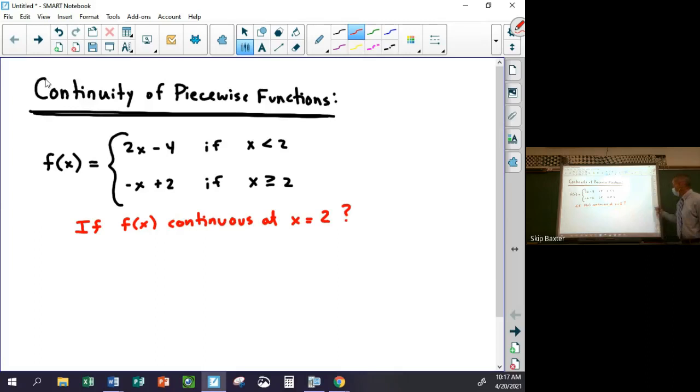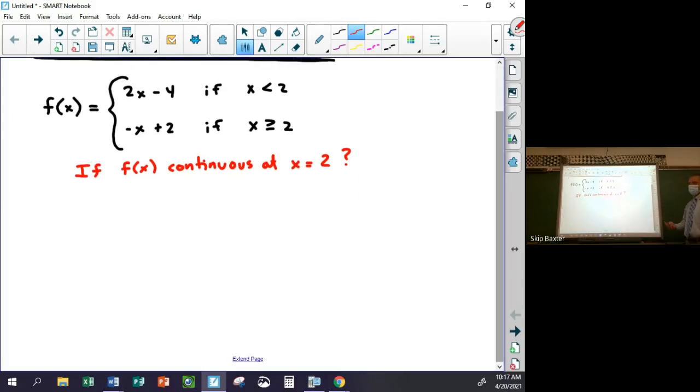That's the question. Well, remember, there's three things that have to be true in order for this function to be continuous at x equals 2. The first thing that has to be true is, does f of 2 exist? Like, is it defined? And all you need to do to confirm that is just make sure that it appears somewhere over here in the intervals where the function is defined.